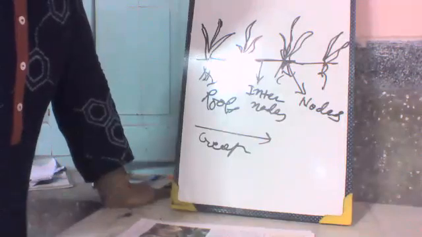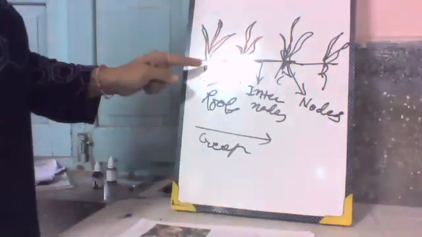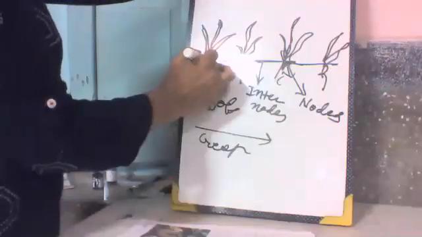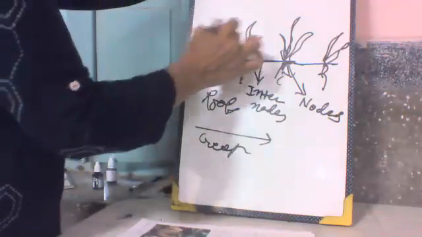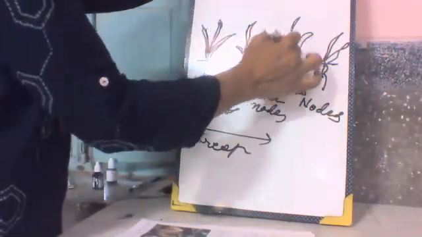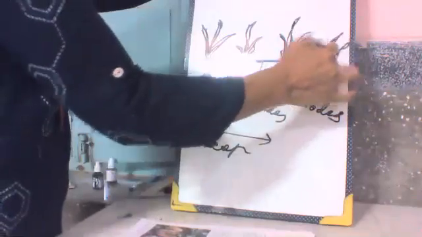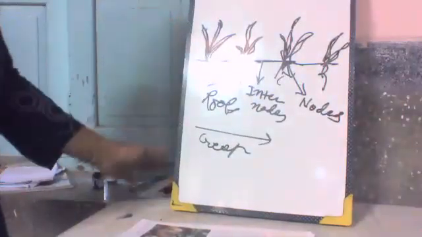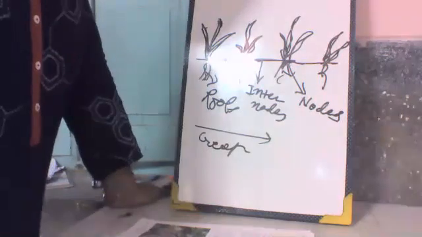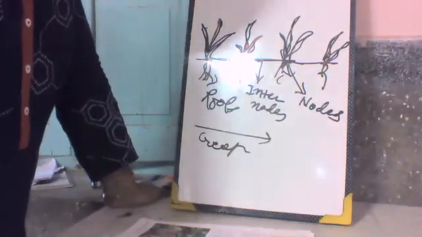The auxiliary buds at the nodes produce new shoots. There is an auxiliary bud and this grows into a new plant or grass. This is the vegetative reproduction in grass.